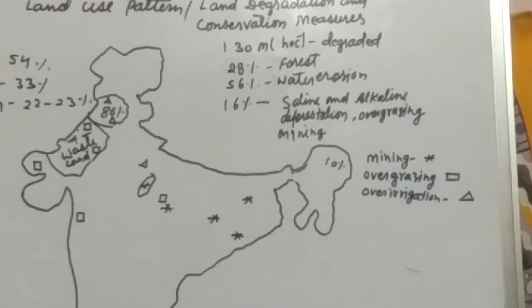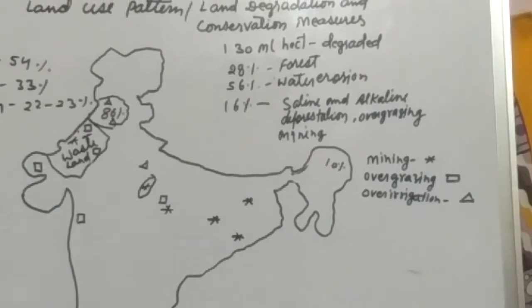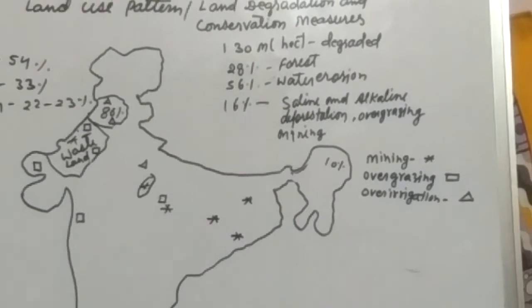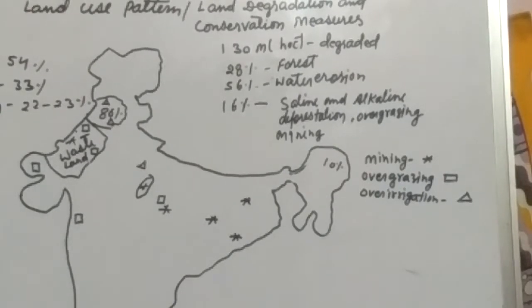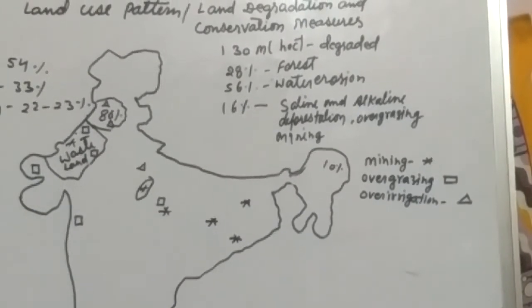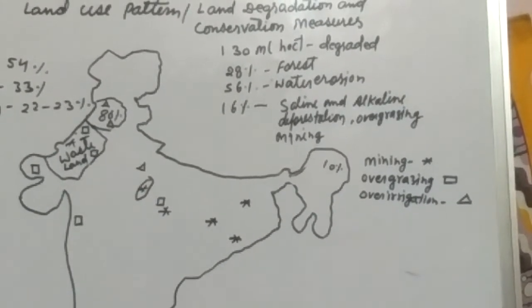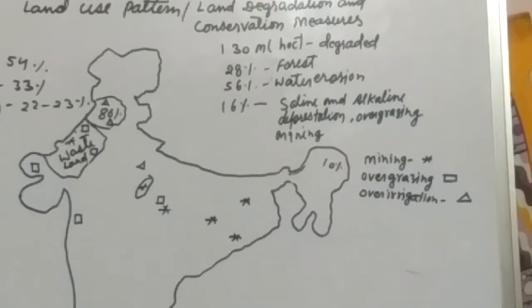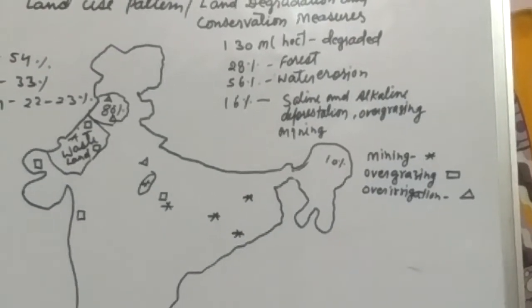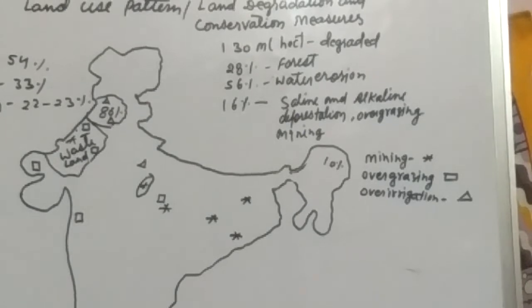And in terms of percentage, we will see 28% of the area is forest which is degraded day by day, 56% is water erosion, and 16% is saline, alkaline, deforestation, overgrazing, and mining. So students, in the forest area different types of activities can be seen, where there is no agriculture.